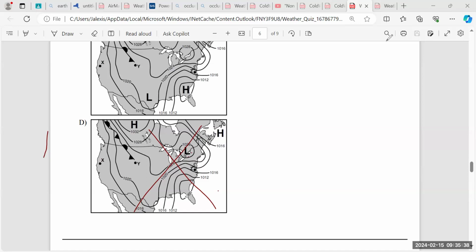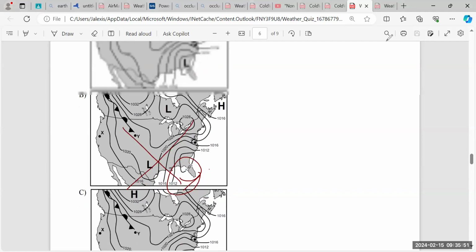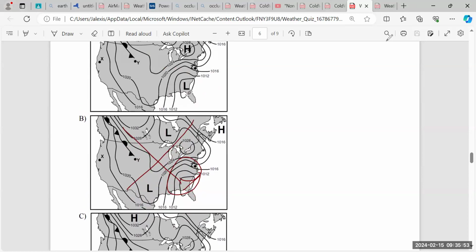When I'm looking at C, I see H right at the lowest value of 1008. So it can't be that. When I'm looking at B, I see the L and H are not even focusing on the highest or lowest points. They're focusing in between two numbers. So it can't be that.